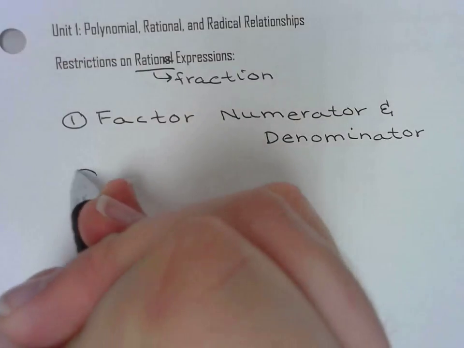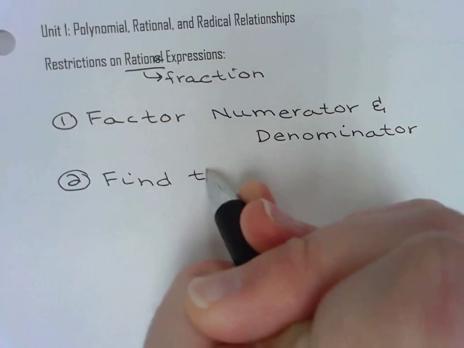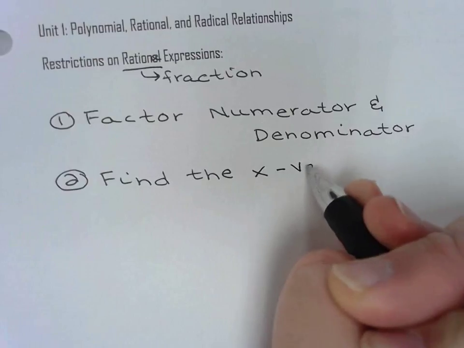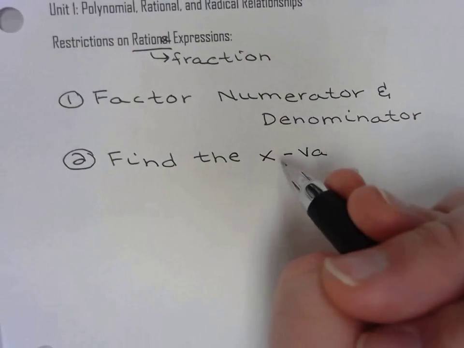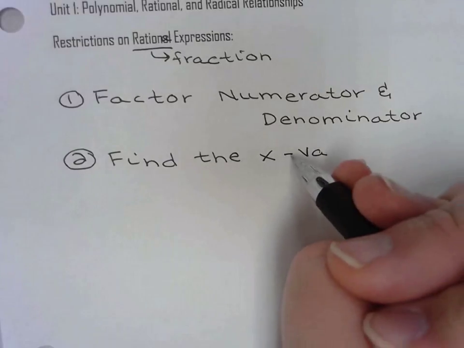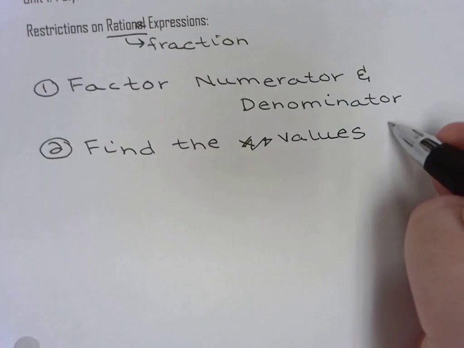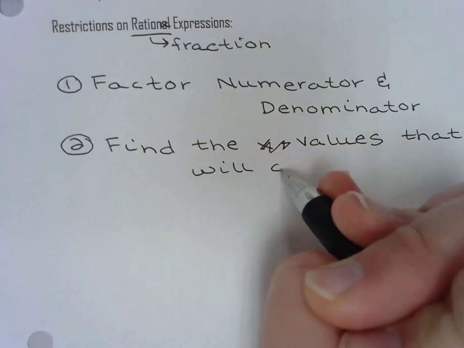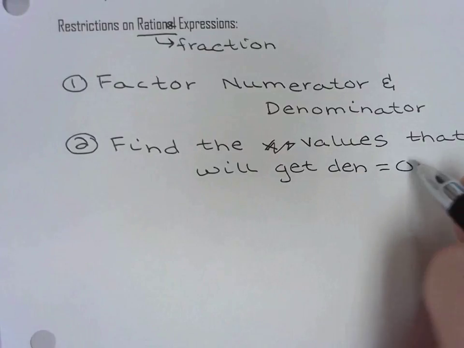Then you're going to check. You're going to find the x values, and x is if we're working with an x variable. We're just going to say, find the values that will get the denominator equal to 0.